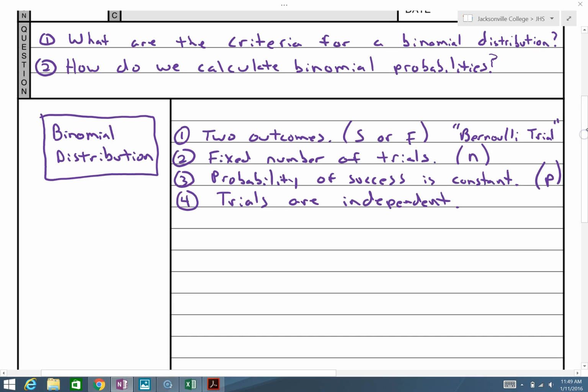Okay. An example of a binomial distribution. Let's say we are taking a 5-question multiple choice quiz. There are 4 answer choices.